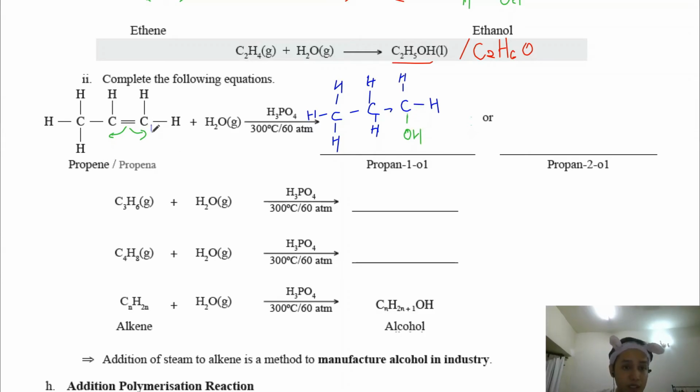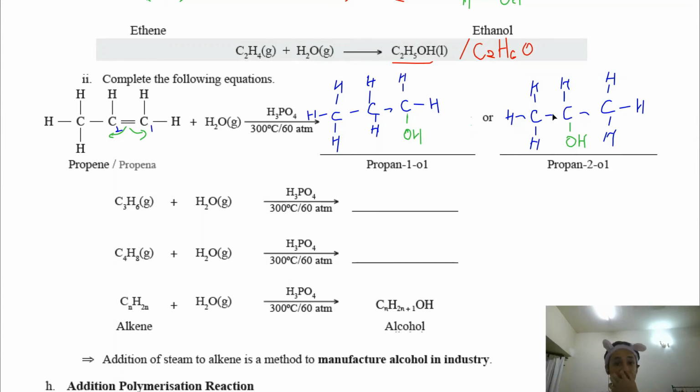Remember, since the double bond is here, this is the first carbon, and this is the second carbon. Now the second is when the OH is added into the second carbon. So 1, 2, 3, and then the OH is here. So there are two ways where the OH can be added into a propene, either into the first carbon or the second carbon.